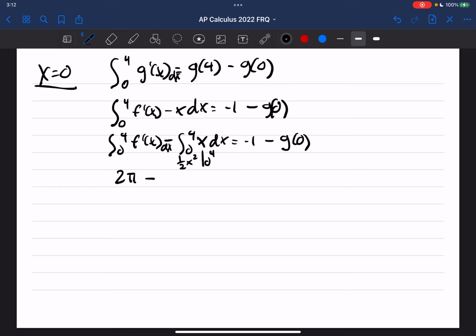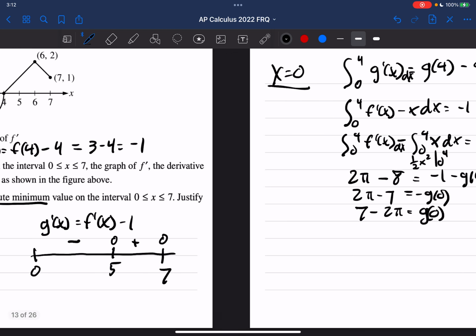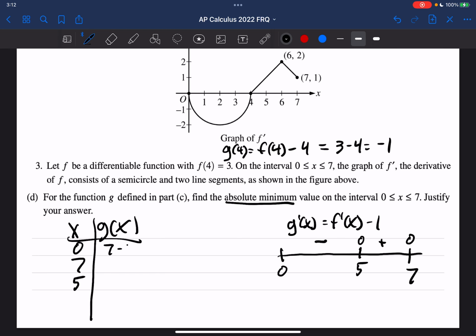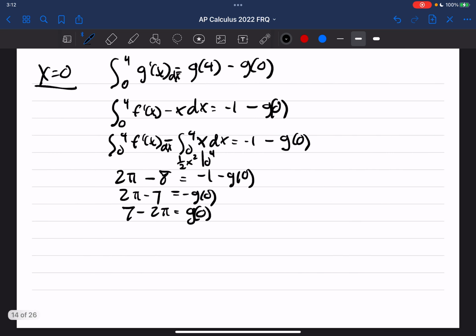So we plug in 4 squared is 16, half of that is 8, equals negative 1 minus g of 0. So I add 1, so 2 pi minus 7 equals negative g of 0. We'll switch that around: 7 minus 2 pi equals g of 0. So there's our value for 0.